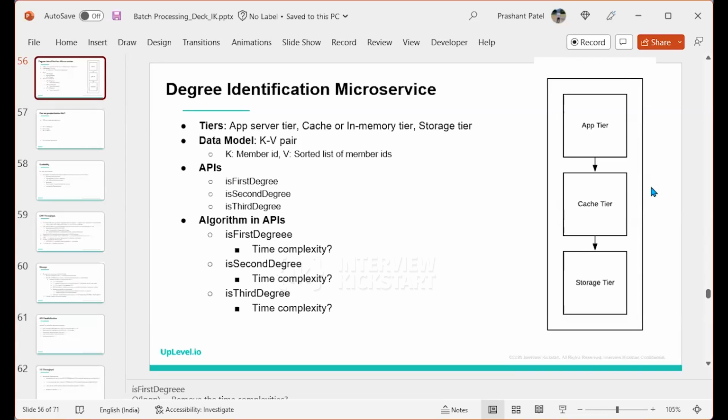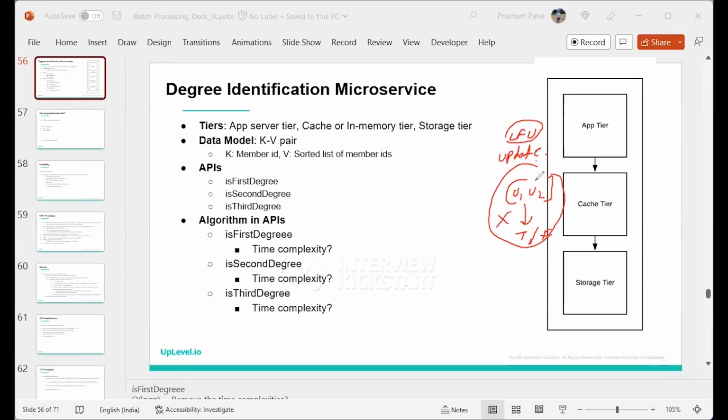Right now for this requirement, it will simply store U1, U2 as the key, and the value would be Boolean, true or false. For the eviction policy, data is deleted from the cache on update, or least frequently used. Update would happen on the actual update. Least frequently used would simply remove this data if it is not referred.